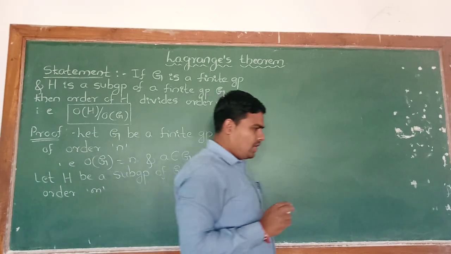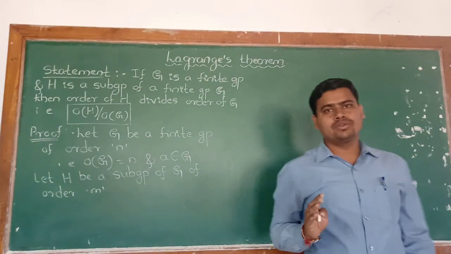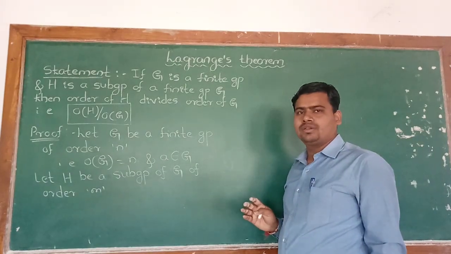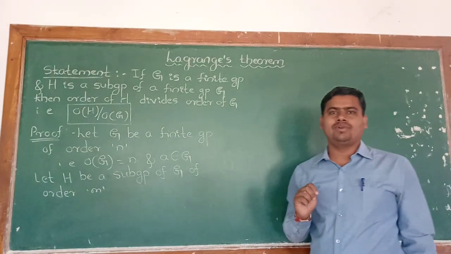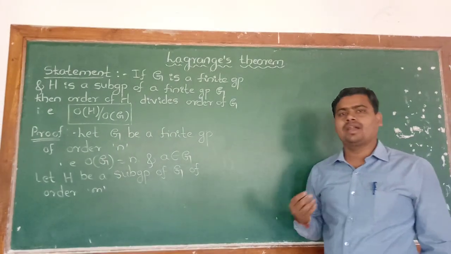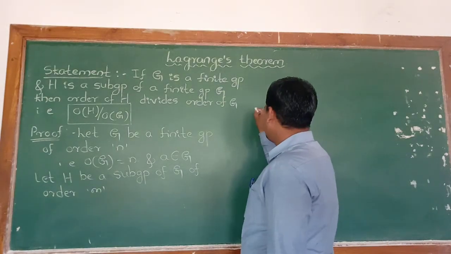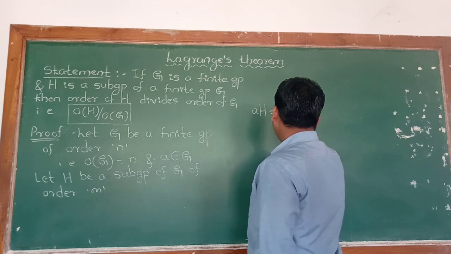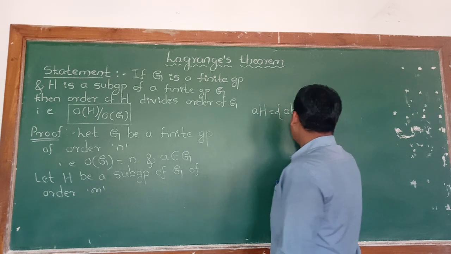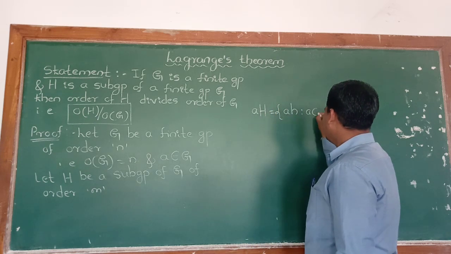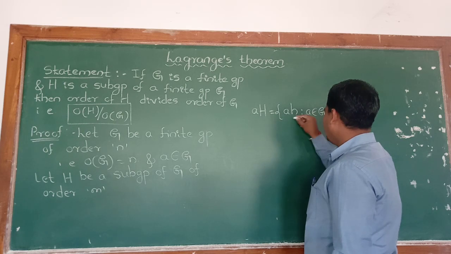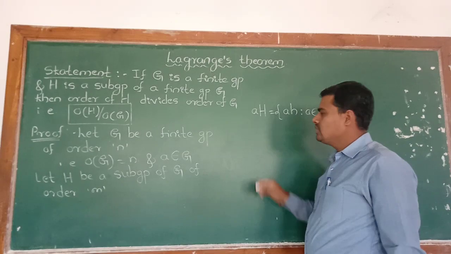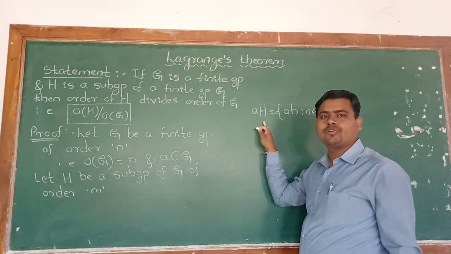Again, we come to know what a coset is. Already you have studied the definition of coset. In cosets we have two kinds: one is left coset, another one is right coset. Left coset is defined as aH, equal to ah, such that a is an element of G and h is an element of the subgroup H. This is the definition of left coset.